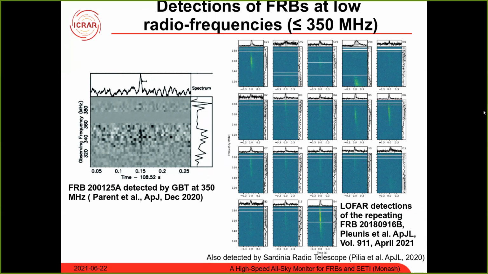Interestingly, LOFAR observed simultaneously with the high-frequency radio telescope Apertif, and I think other telescopes as well, possibly CHIME. In most cases, low-frequency emission and high-frequency emission were not observed at the same time, so they were observed at different times. This repeating FRB was also detected by other radio telescopes now, for example the Sardinia radio telescope, and I think several others.